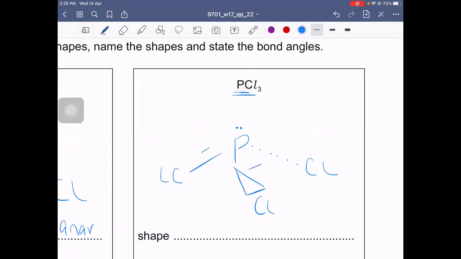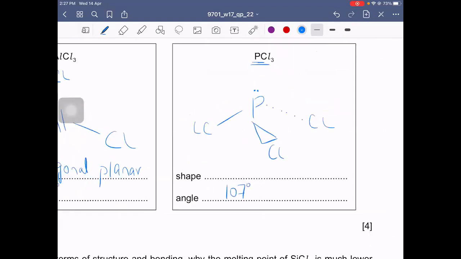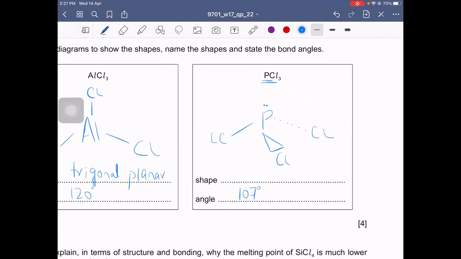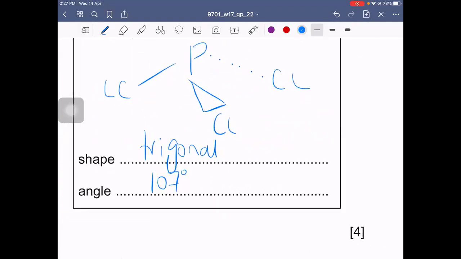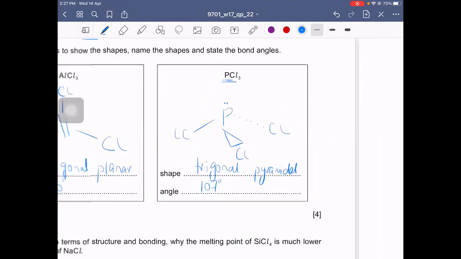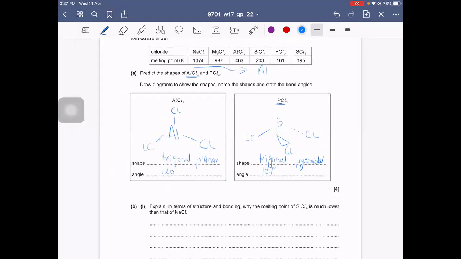We have 3 bond pairs, 1 lone pair, and the corresponding angle would be 107 degrees. For PCl3, the shape is called trigonal pyramidal. The other one is called trigonal planar.